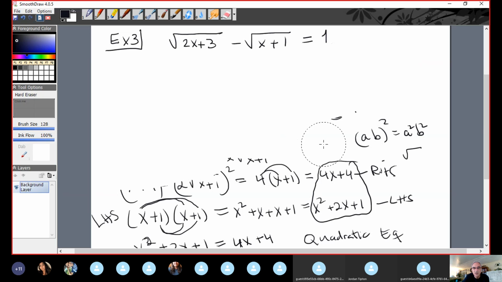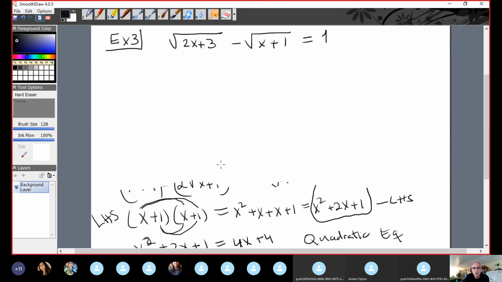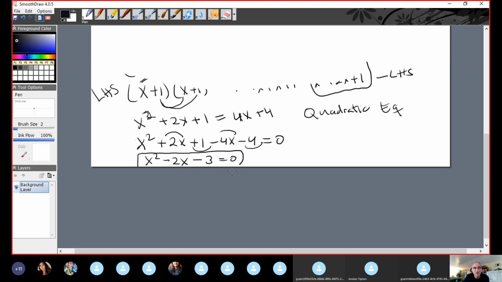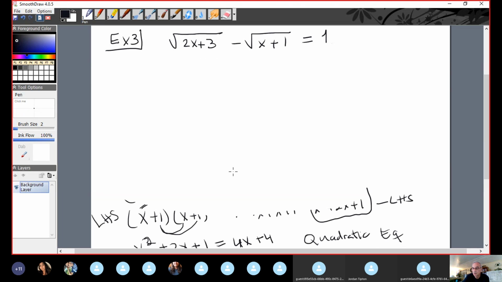So the quadratic equation that we have in this moment is x squared minus 2x minus 3 equal to 0. Help me. What method do you recommend to solve this quadratic equation?